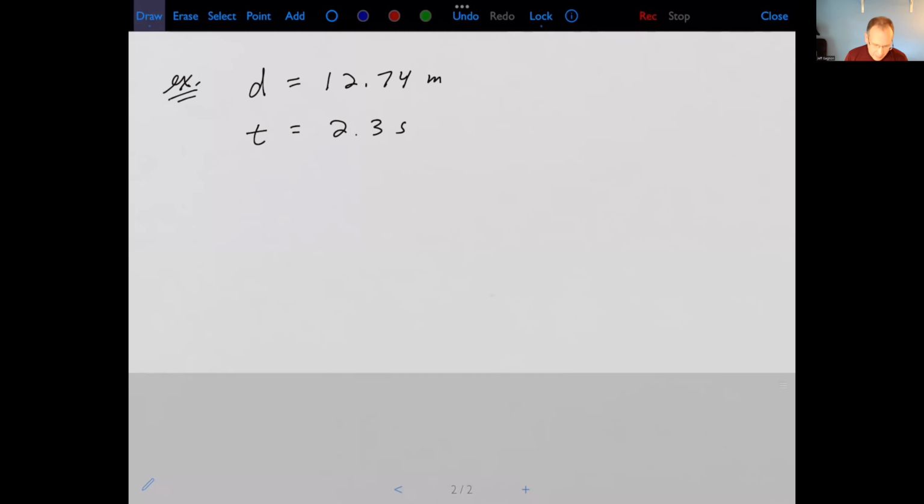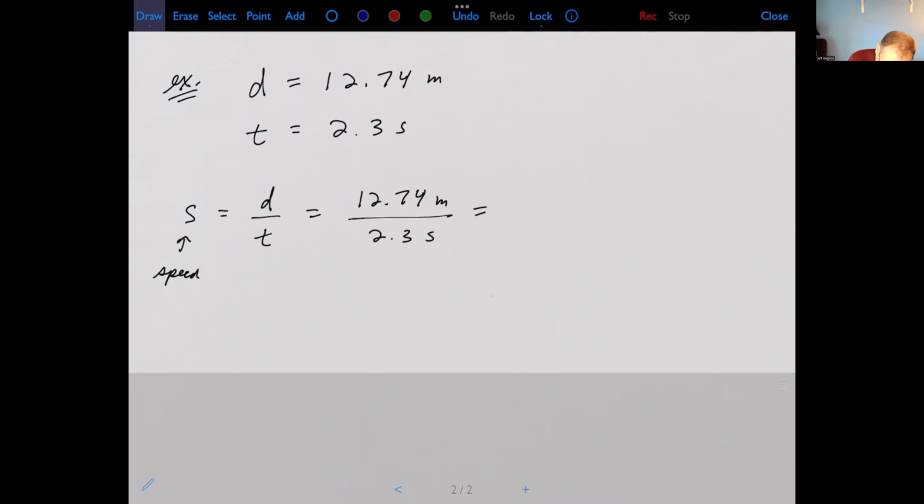So if I want to calculate the speed of the object, so this S here means speed, then we'll learn, if you don't already know this, we'll learn this in a little bit when we talk about kinematics, that speed is equal to the distance divided by time. So in this case, I'd have to take 12.74 meters and divide it by 2.3 seconds.